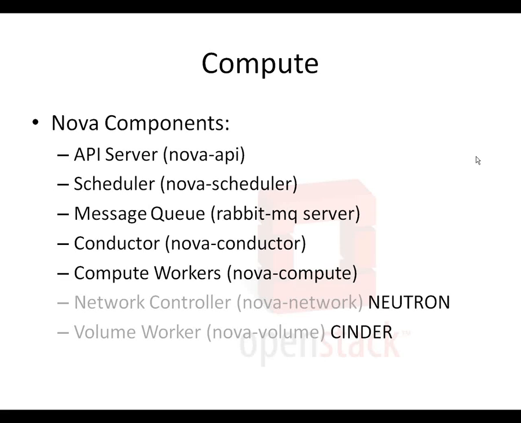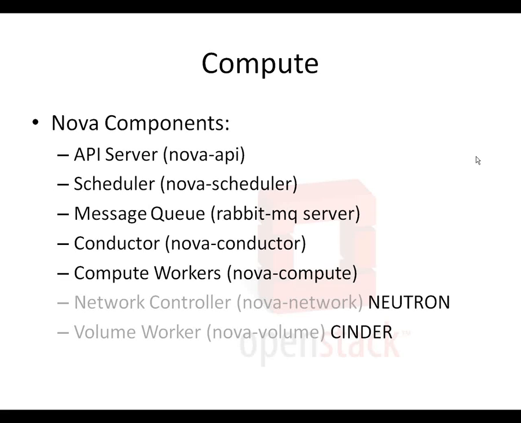It is still there, but at the Nova level they removed Nova network and made it a separate entity called Neutron. So Neutron is now a networking node. We had a storage node, a controller node, a compute node. Now we have a network node.